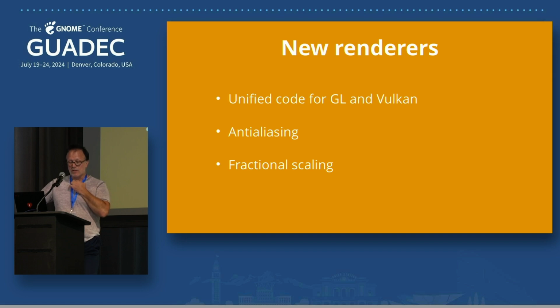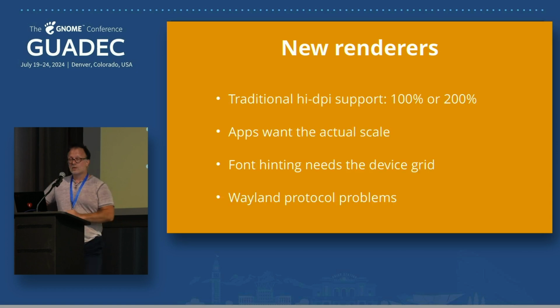And some other improvements that we could do while doing all this work is that we now have more capable shaders which do anti-aliased rendering, so we can, as a side effect, actually do proper fractional scaling. And to explain a bit more of what I mean by that, I need to go back a little bit, back in time.